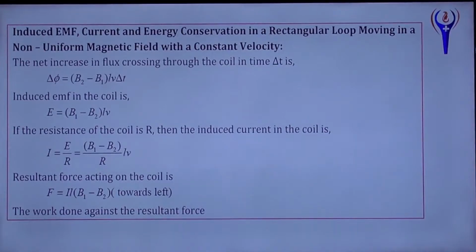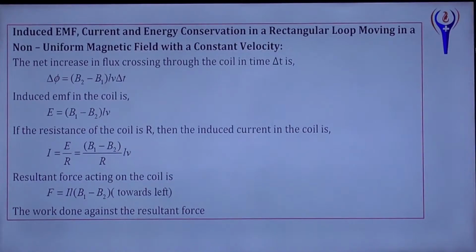Then induced EMF, current and energy conservation in a rectangular loop moving in a non-uniform magnetic field with a constant velocity. Net increase in flux, del phi equals B2 minus B1 into L into V into del T. That is del phi by dt equals B2 minus B1 into LV.